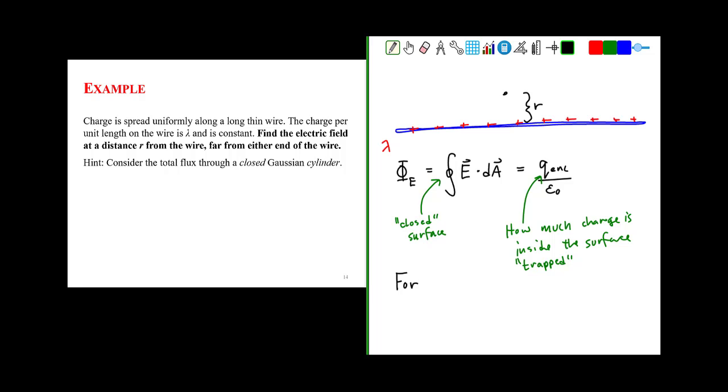Or let me rephrase that. Our integration becomes much simpler if the electric field is constant relative to the surface.